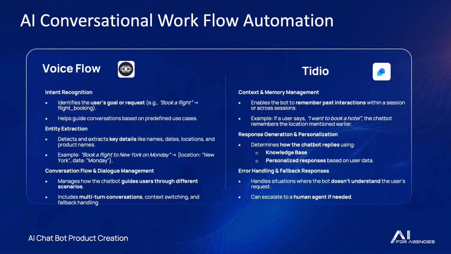Right, so we then go to the workflow, and we're then going to use the actual chatbot itself. This is the conversational side, right? We're going to use VoiceFlow or Botpress, whatever. I personally use VoiceFlow. We have intent recognition, right?